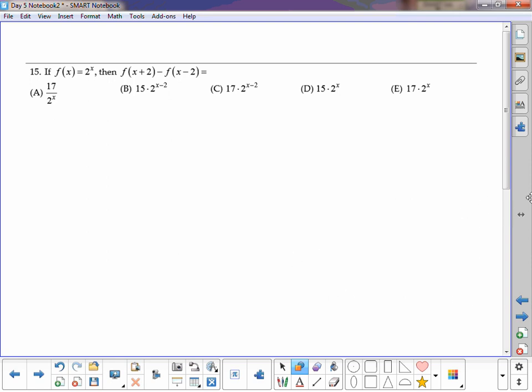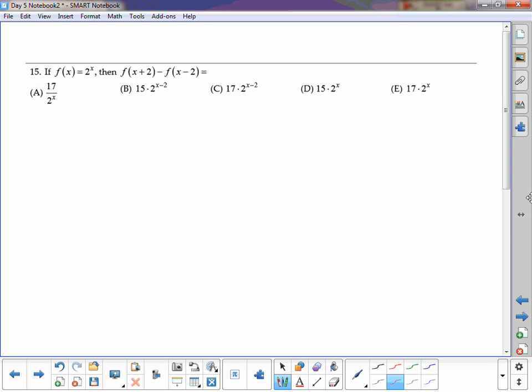Okay. Alright, so for number 15, again, the setup's not bad. It's getting it to these answer choices that's a little rough. But it's just algebraic manipulation, right, Logan? Mm-hmm. Good, put that away.